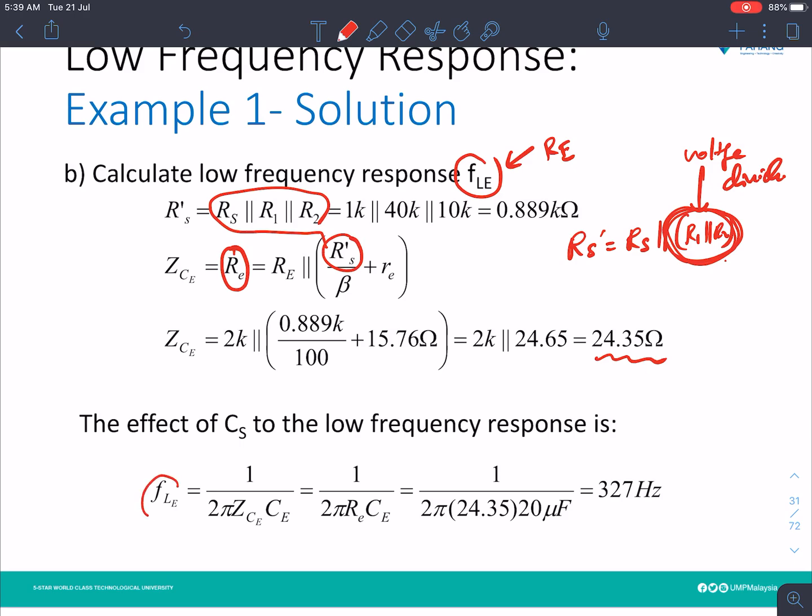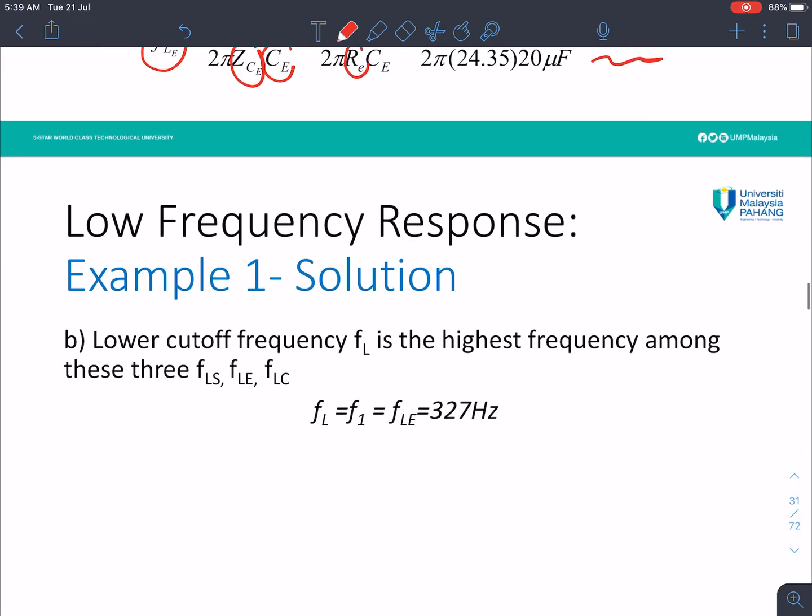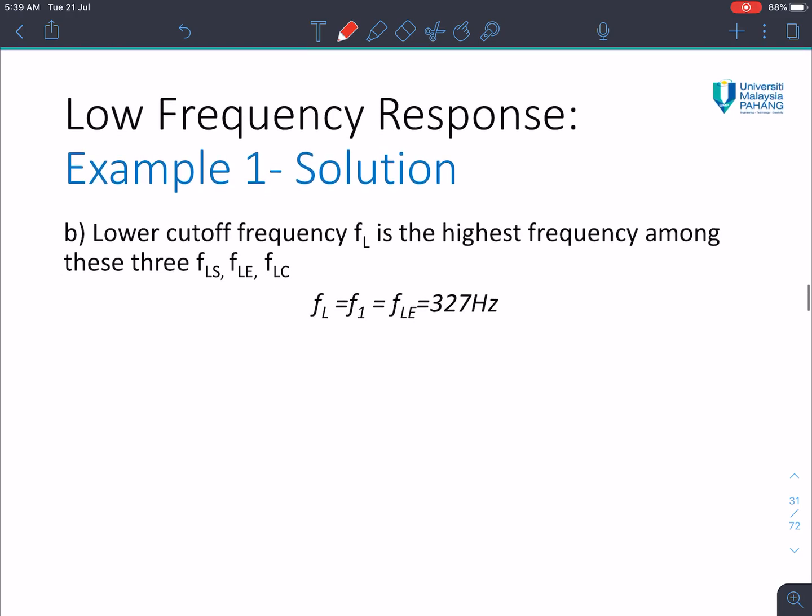Then to calculate the FLE, insert the ZCE and CE here. I mean, this is the RE, so you get 327 Hertz for the FLE. Now we already have three frequencies.